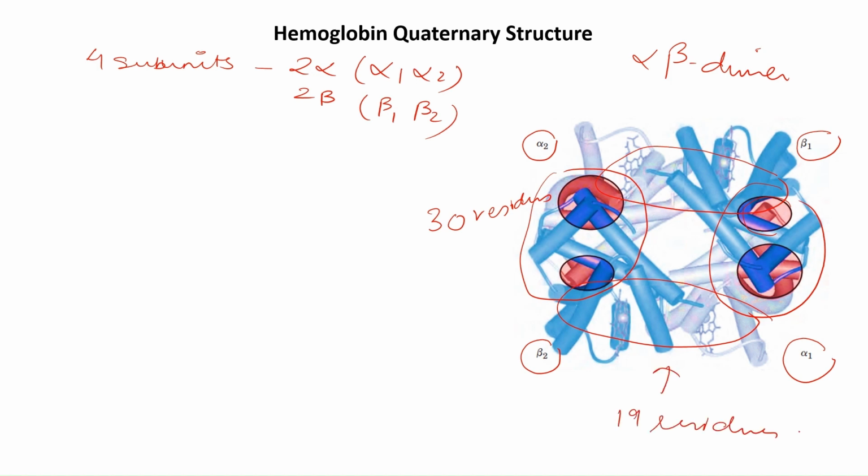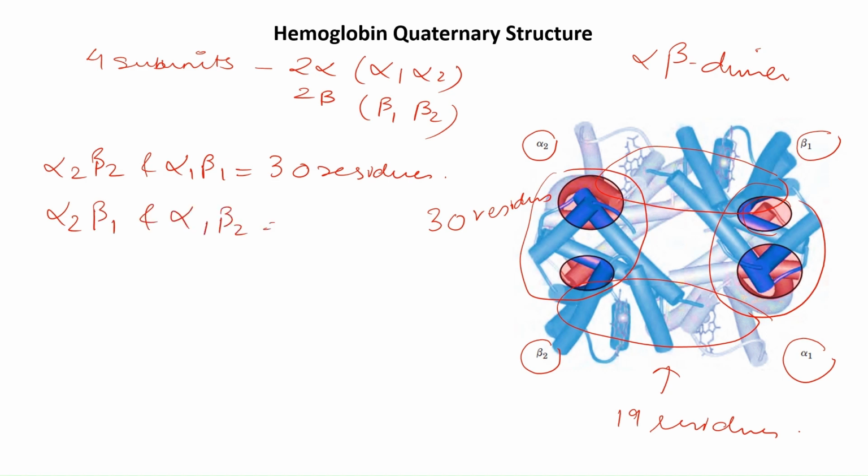So what are these interactions? One interaction is between alpha 2 beta 2 and alpha 1 beta 1. These are strong interactions involving 30 residues. And the interactions between alpha 2 beta 1 and alpha 1 beta 2 involve 19 residues.